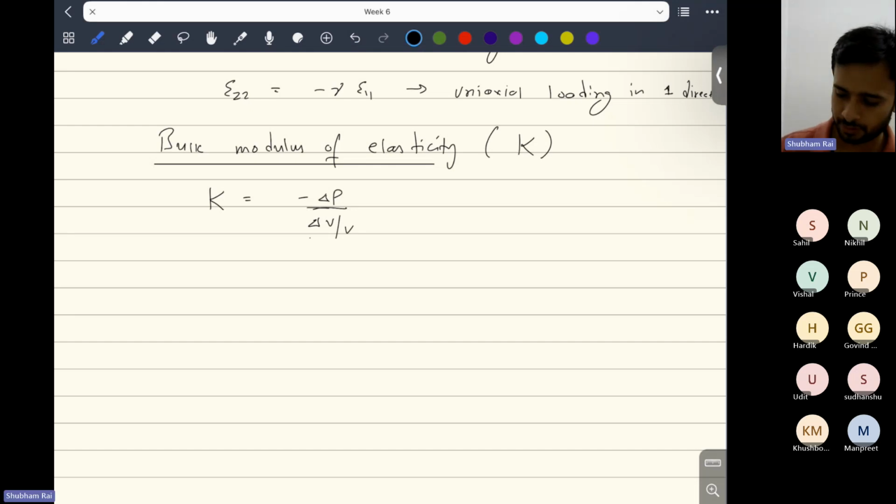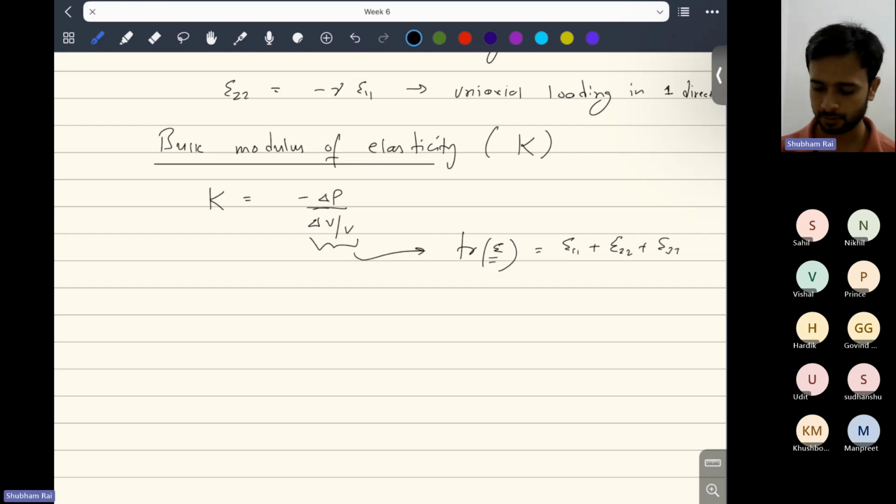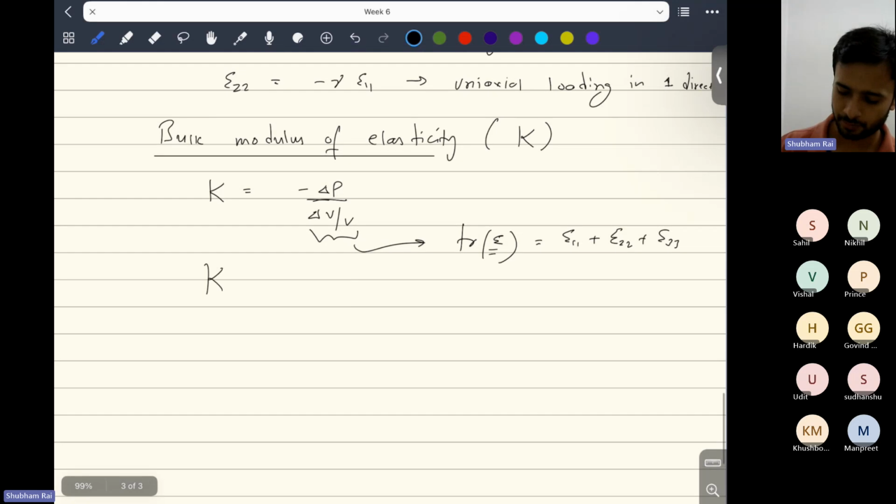This volumetric strain, you know that it is also equal to trace of the strain tensor, and that is equal to epsilon 1 plus epsilon 2 plus epsilon 3. Okay. And you can also write this kappa in terms of E and mu. So this can also be written in terms of Lame's parameters finally.